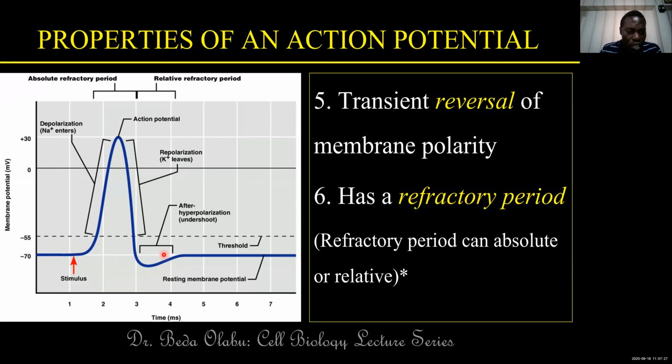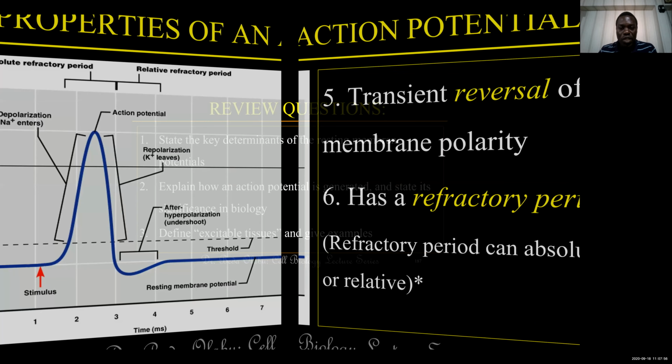So this period here, the hyperpolarization phase, is a relative refractory period. You can generate an action potential, but you need more energy. More energy is required to generate an action potential during this phase. But during this phase, it is impossible to generate another action potential. These are the properties of action potentials.